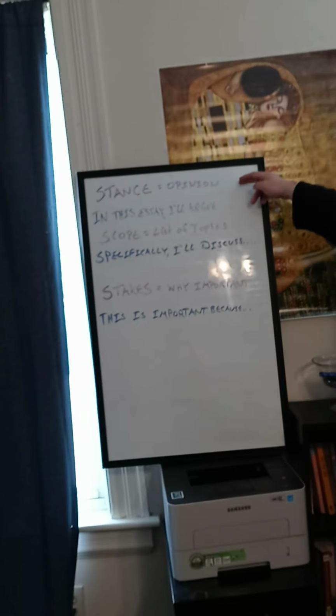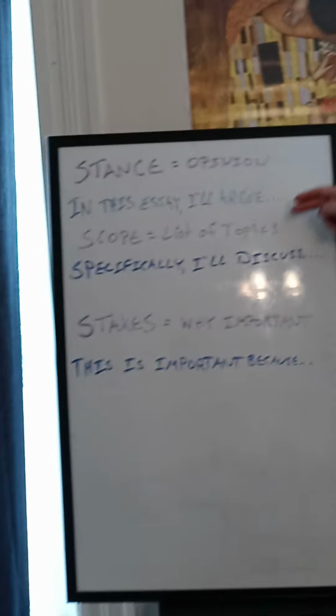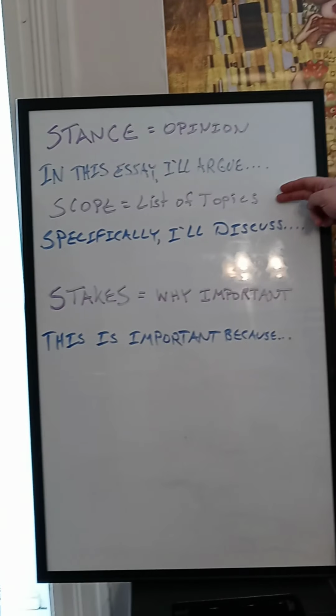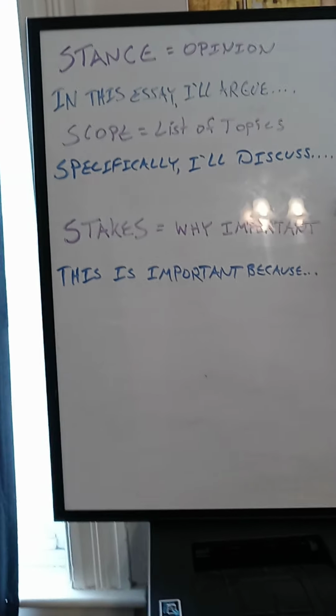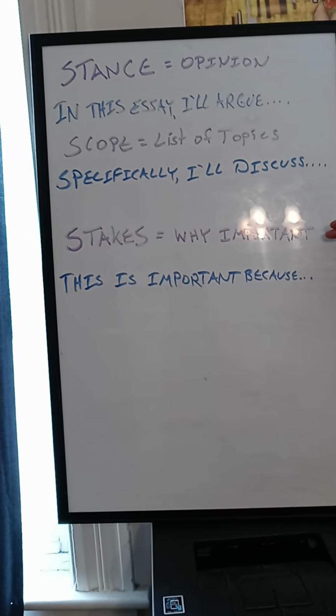The first thing you want to think about is your thesis statement, and there are 3 parts to a thesis statement. There's the stance, which is just your opinion. What do you think? It's the scope, which is the list of topics that you'll be talking about in your essay. And it's the stakes. Why is it important that you're talking about this?